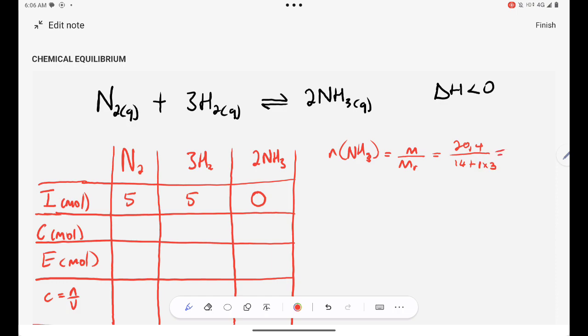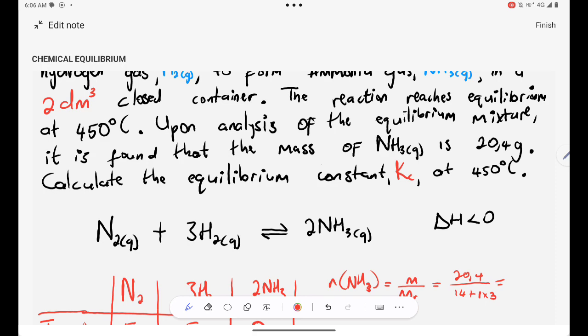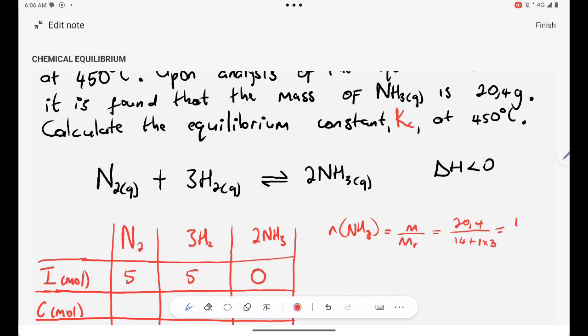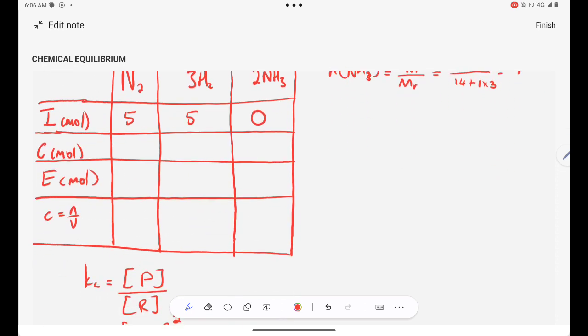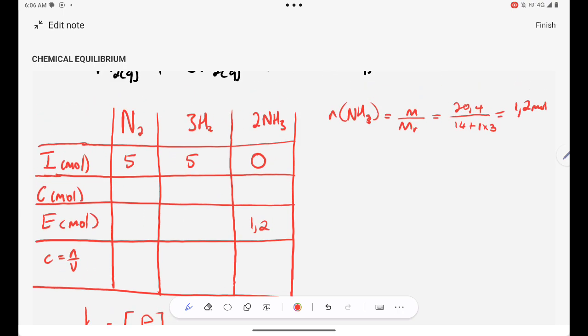So whenever I punch my calculator, I'll say 20.4 divided by (14 plus 1 times 3). So I'll find an answer of 1.2 moles. That means at equilibrium, I will find 1.2 moles of my ammonia.